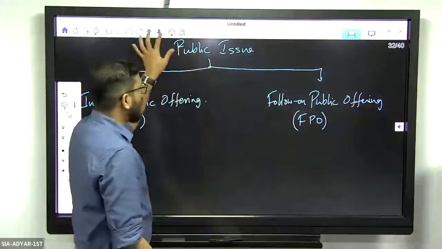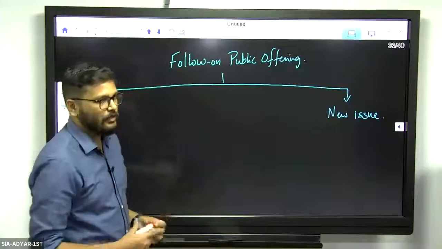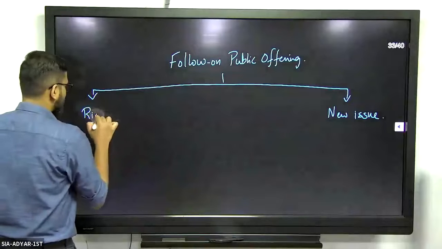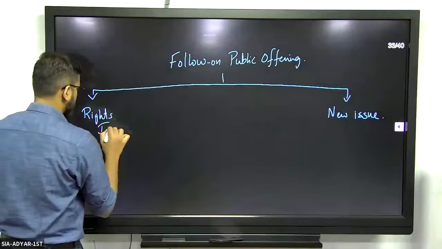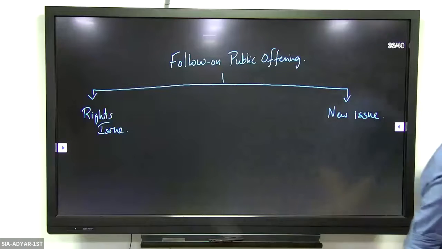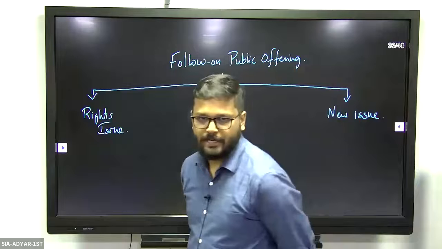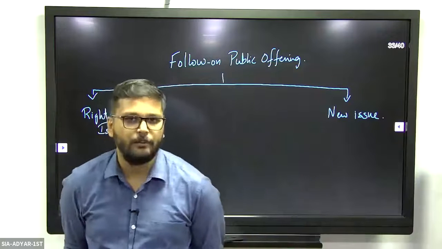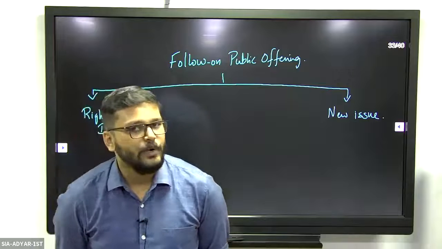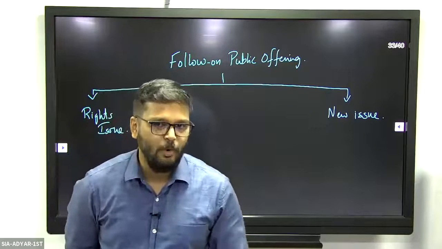But within the follow-on public offering, in addition to new issue, there are some other concepts as well. There is something called rights issue. What is the rights issue? Some companies feel that when they are issuing new shares, already 100 shares have been issued, now 50 more shares are going to be issued. The company feels, when we were issuing our shares for the very first time, these 100 people trusted in us more than other people.